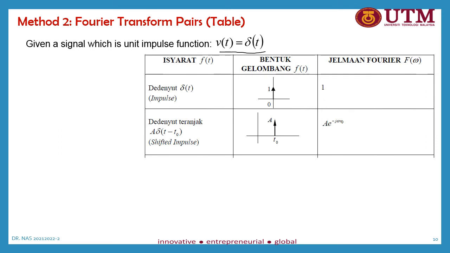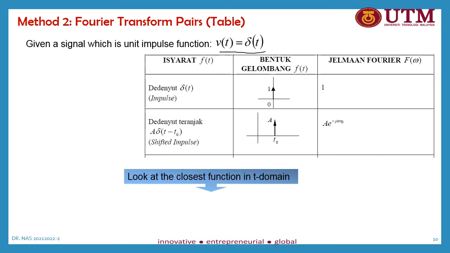The first step, you need to look at the functions in the table and find the closest function in the time domain. You need to refer to the first column, the signal, and the waveform is the waveform in the time domain.